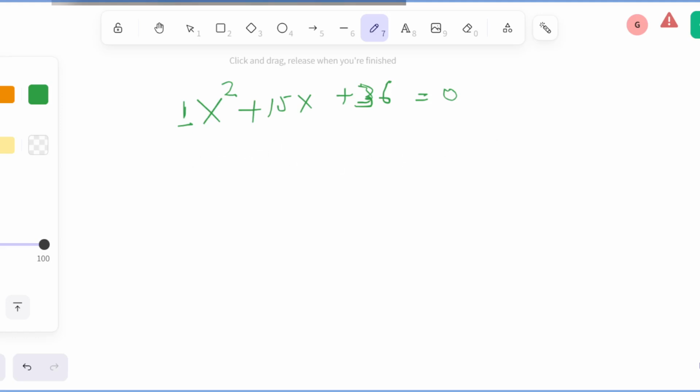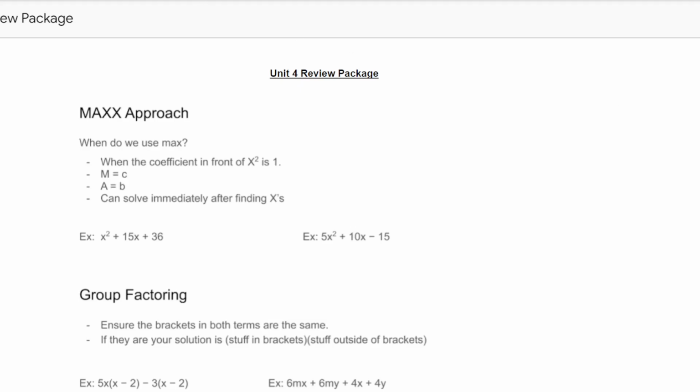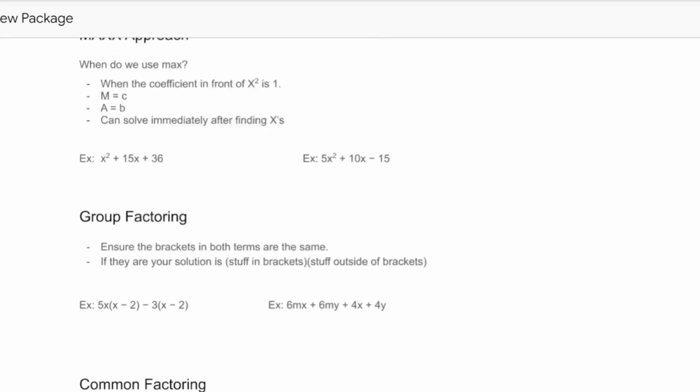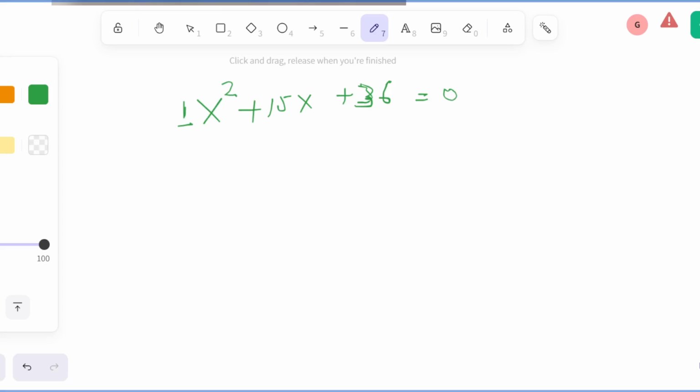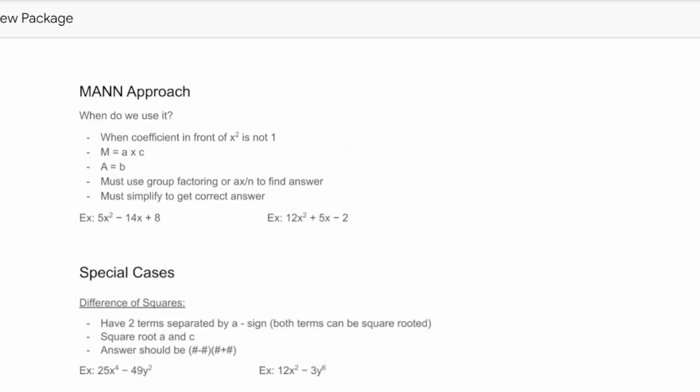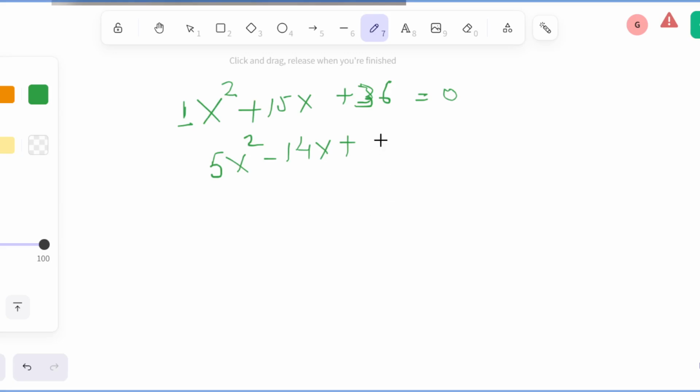And whenever it's not 1, for example, if I take another equation which we have here, 5x square minus 14x plus 8 equal to 0, here the coefficient of x square is not 1.